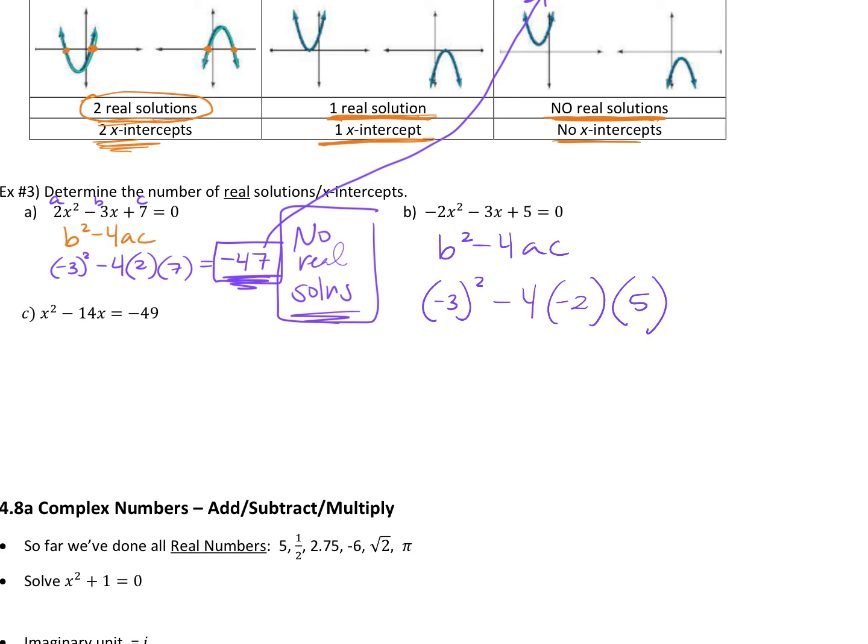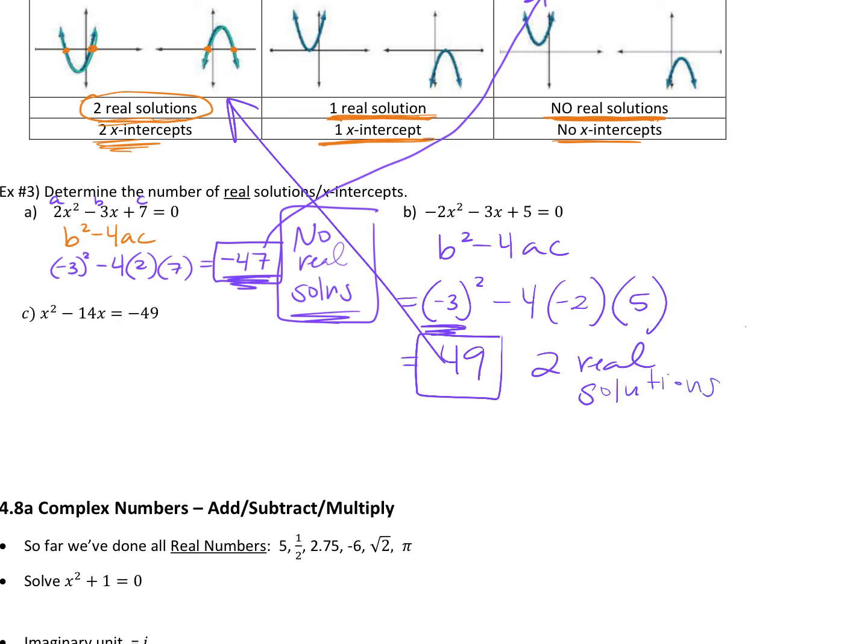What do you get when you plug that into your calculator? 49. You all getting 49? Parentheses matter, right? Keep those parentheses, these ones you can just do times. But you get 49. So how many real solutions do you get if your discriminant is 49? 2, right? That's this guy. 2 real solutions.